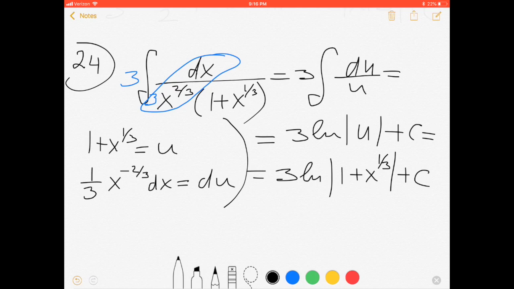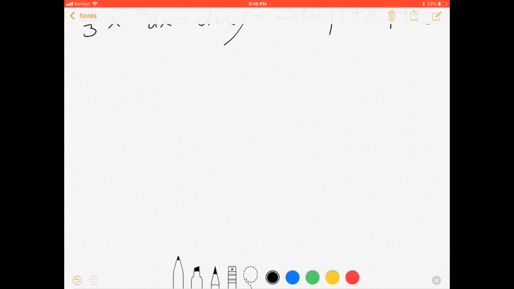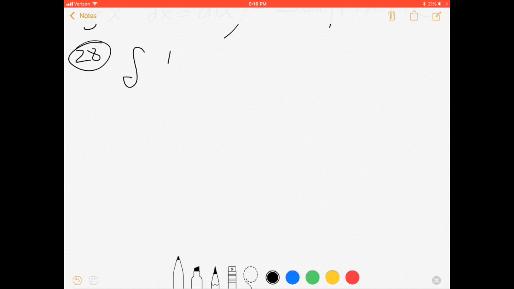Okay, and one more example, number 28, from your textbook. It will be the integral of 1 over 1 plus square root of 3x, dx.